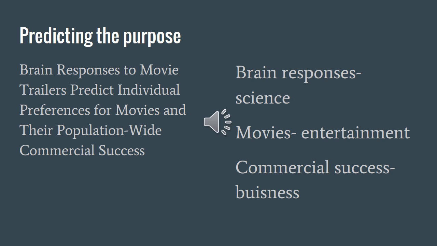Movies is clearly part of the entertainment industry, and commercial success would be business. So I predicted that this article was going to be about using science to prove a theory for the commercial success of movies in the entertainment business, using all the elements of that.